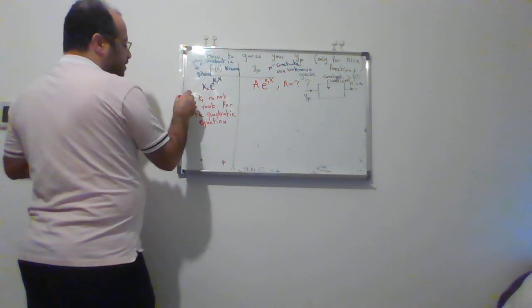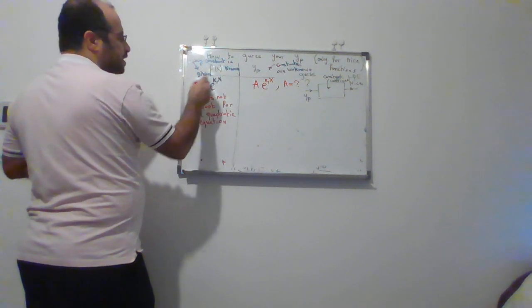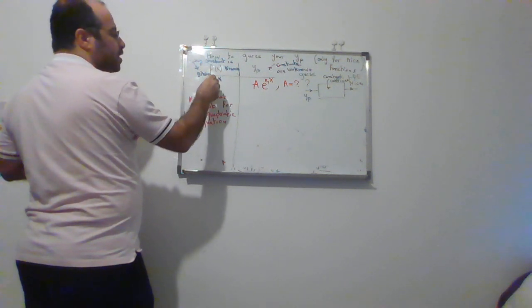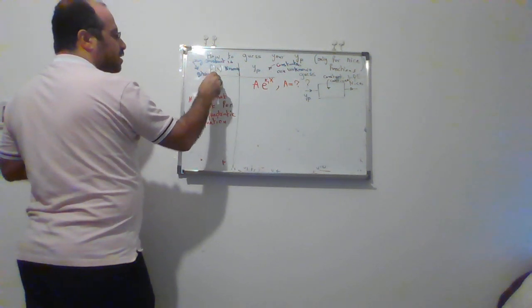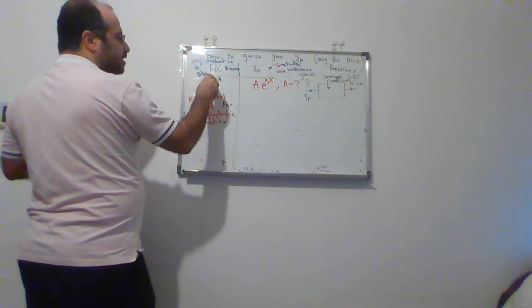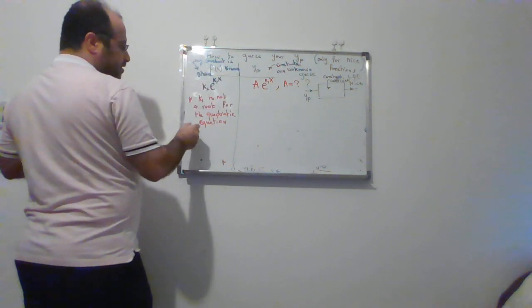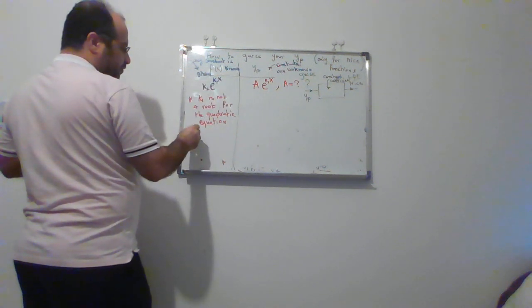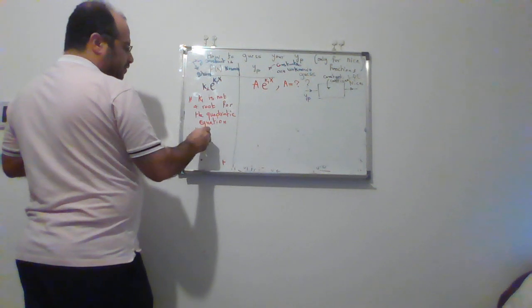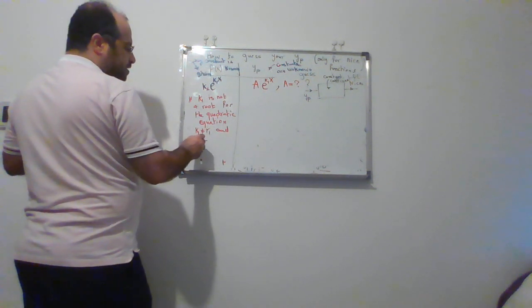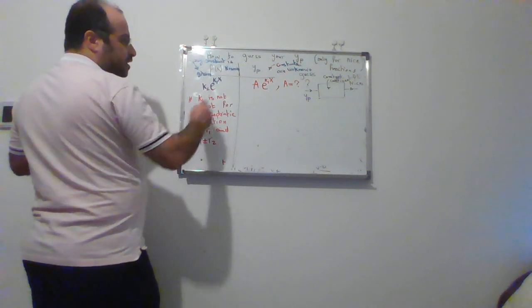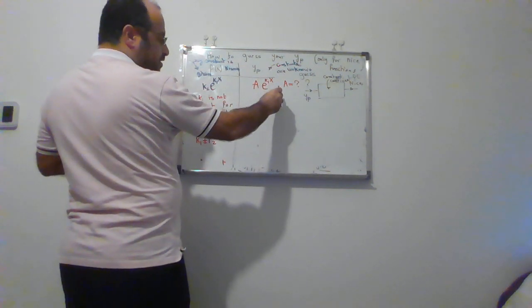Provided, so this is a condition, we need k1 is not a root, because always when you have roots like r1 and r2, then you write exponential r1x. I'm afraid that this one is r1, so this means k1 is not r1 and k1 is not r2, right? Then this will be true, right?